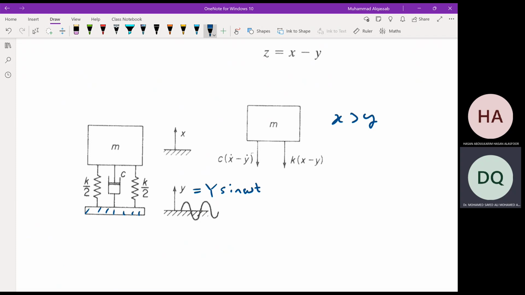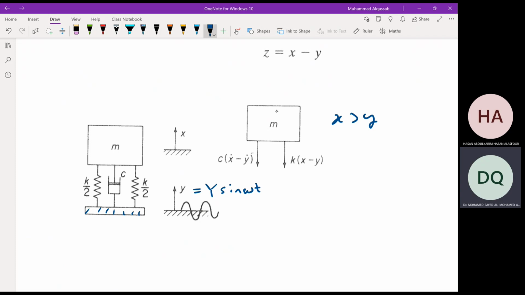The same thing with the damper force, it is pulling downward. So the spring force is k(x minus y), and the damper force is c(x dot minus y dot), and there are no other forces. The weight is cancelled by the static equilibrium equation, which comes from k times delta. So we don't put the weight.